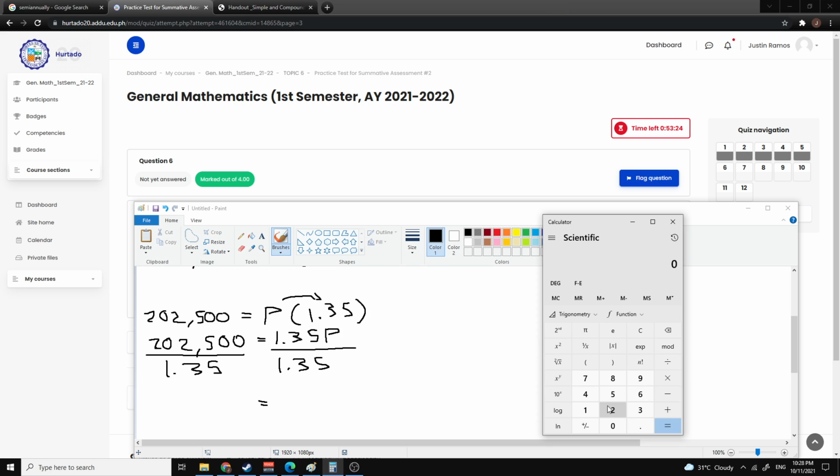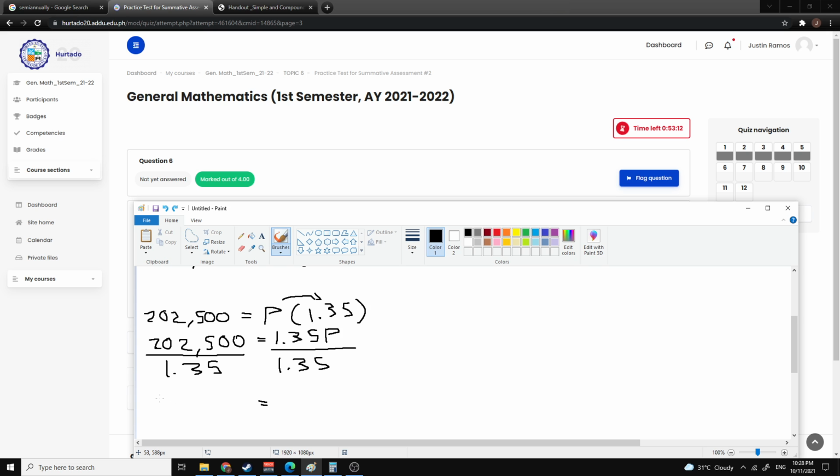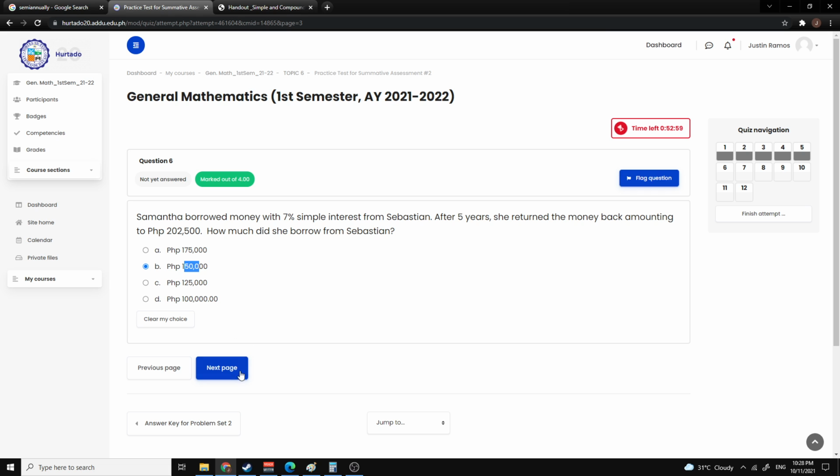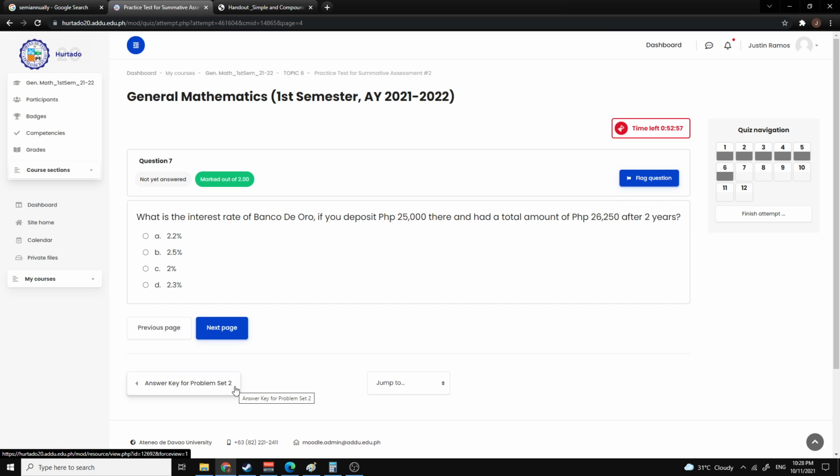So what's going to be the answer? 202,500 divided by 1.35. So that's going to be 150,000, which is equivalent to P. That's going to be our principal, our original price. So that would be 150,000.